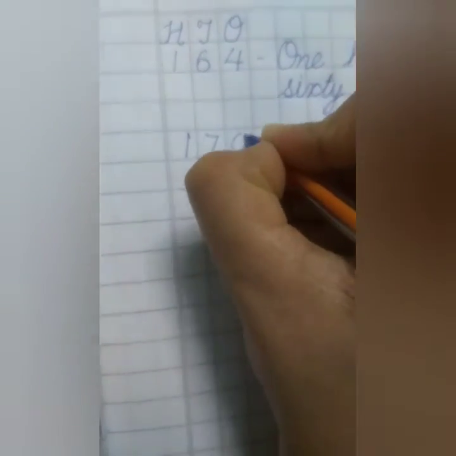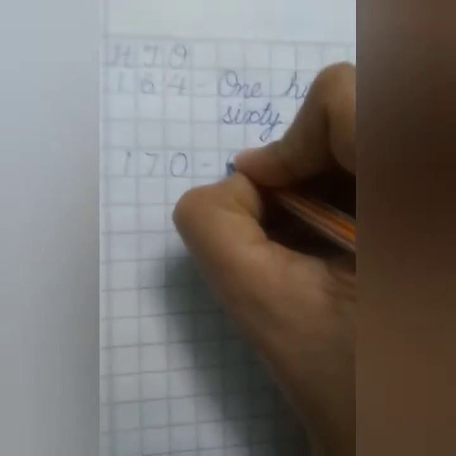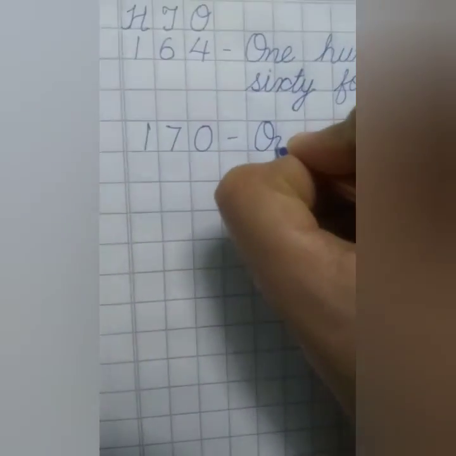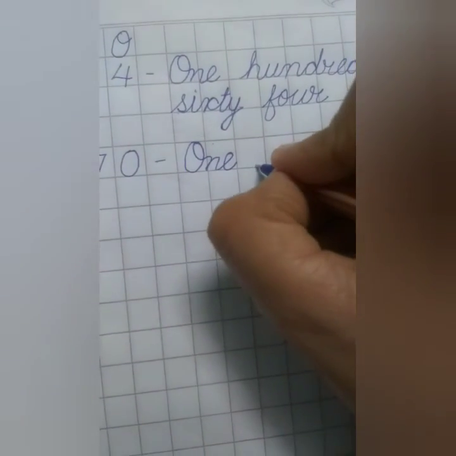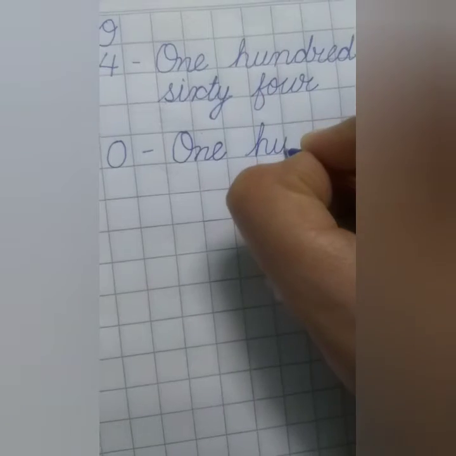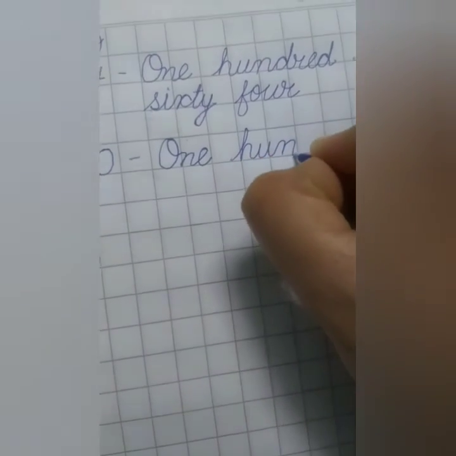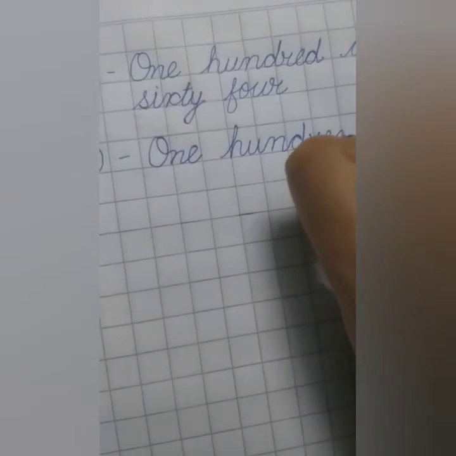Right, here 170. A small dash. So write the spelling of 1: O-N-E. Take one finger gap and write H-U-N-D-R-E-D. 100.